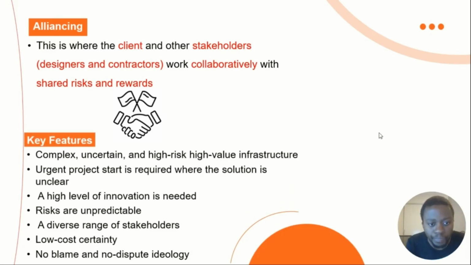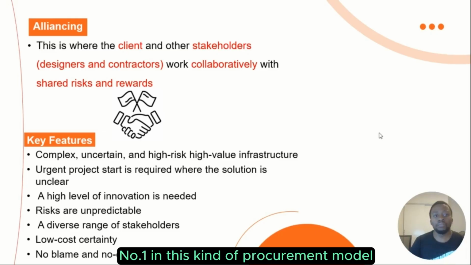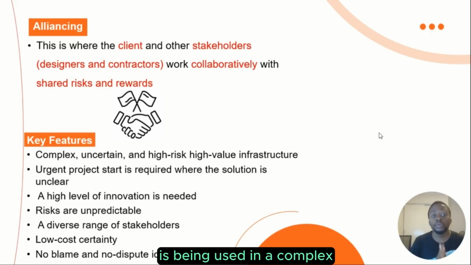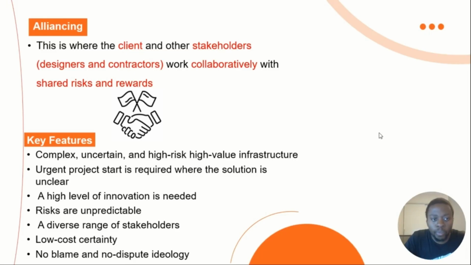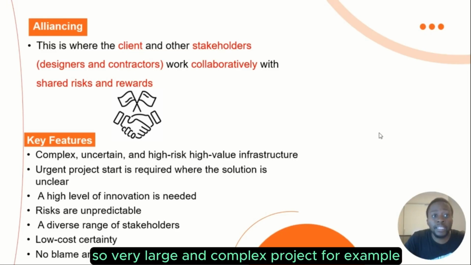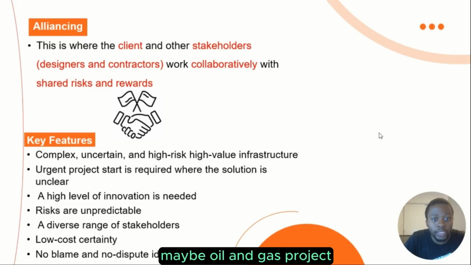procurement model. Number one, this kind of procurement model is used in complex, uncertain, and high risk or high value infrastructure. So very large and complex projects, for example, oil and gas projects.